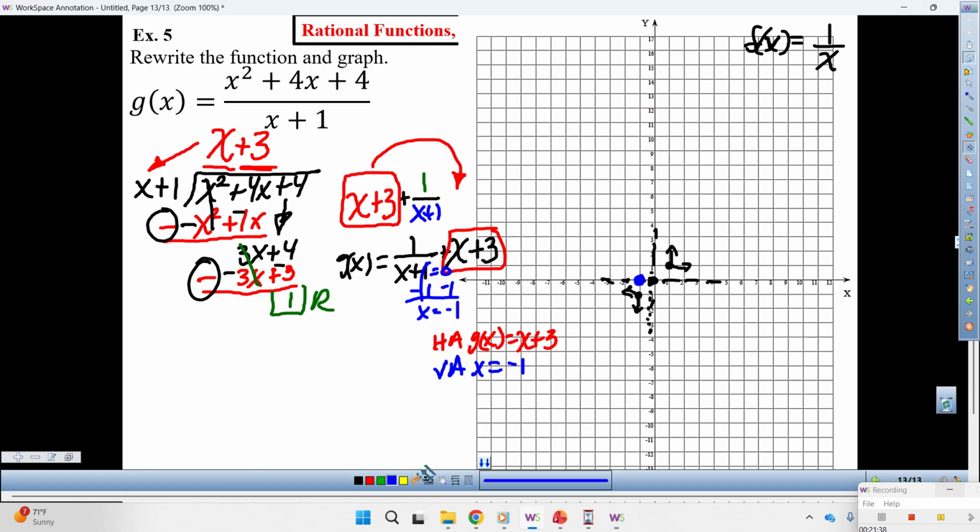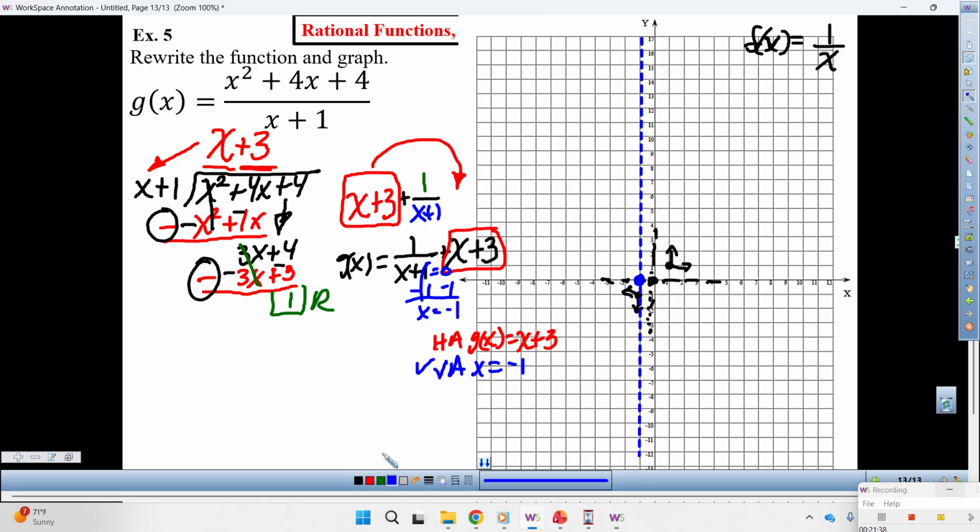And put your VA, which is a vertical asymptote. Extend it as much as you can, please. So we're done with our VA.